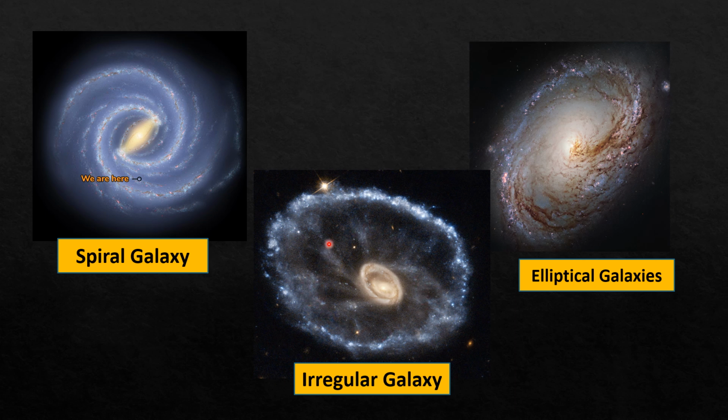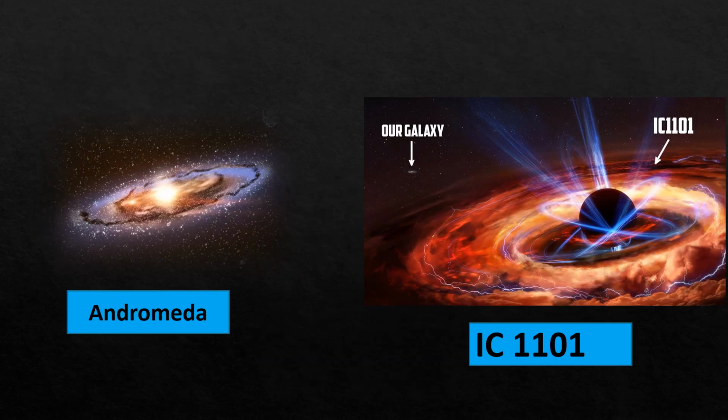This is the young galaxy, and we are living here. The Milky Way galaxy is here exactly. So: spiral galaxy, elliptical galaxies, and irregular galaxy. See, this is Andromeda. This is IC 1101, the largest galaxy.